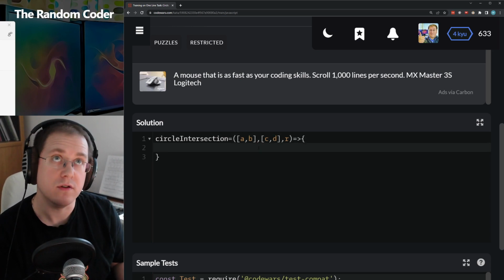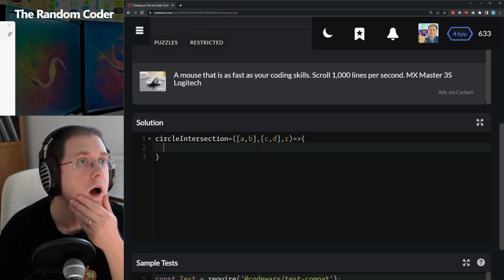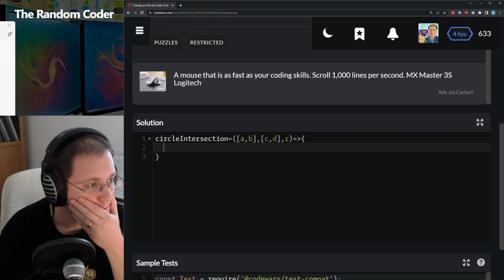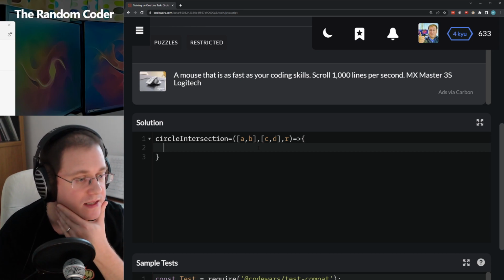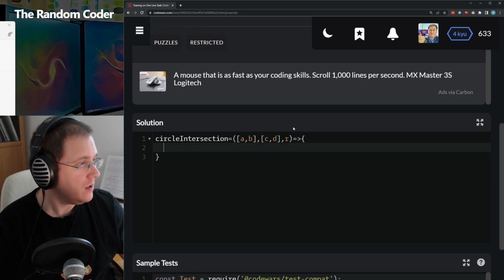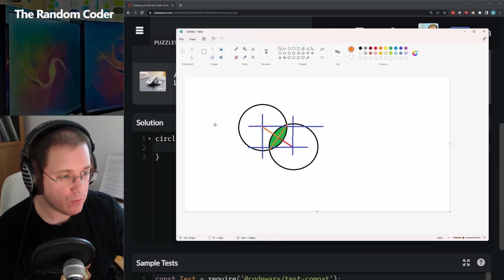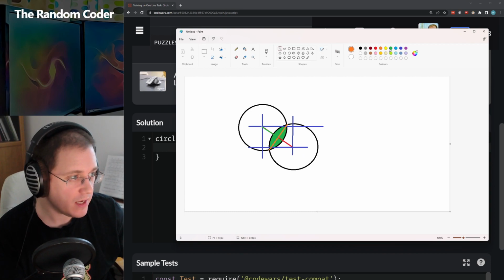And to calculate the distance between the centers, if I bring this back, what we need is the deflection in the x and the y axis.